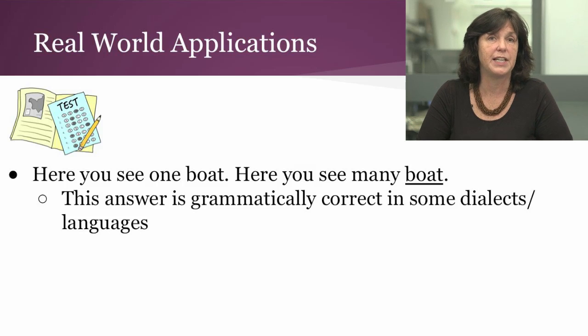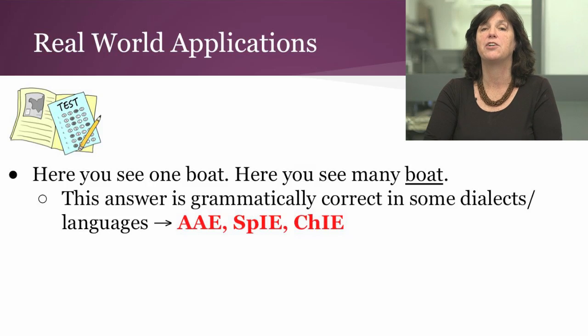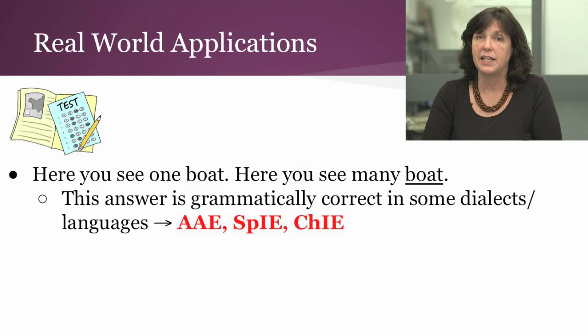It's not obligatory in African American English, Spanish influenced English, and Chinese influenced English. Remember, with Spanish influenced English and Chinese influenced English, the speaker does not have to be an English language learner. They might be a monolingual English speaker who's using the features of their dialect of their speech community.